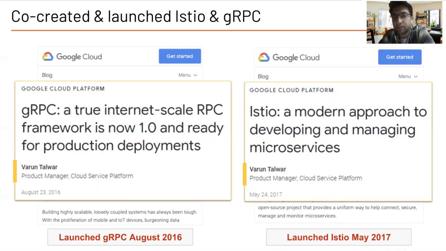And Istio, which is this proxy-based approach, injecting proxies into the network and making them L7 proxies, which are aware of what is going through them, was launched in 2017. And both of these are thriving open source projects today.